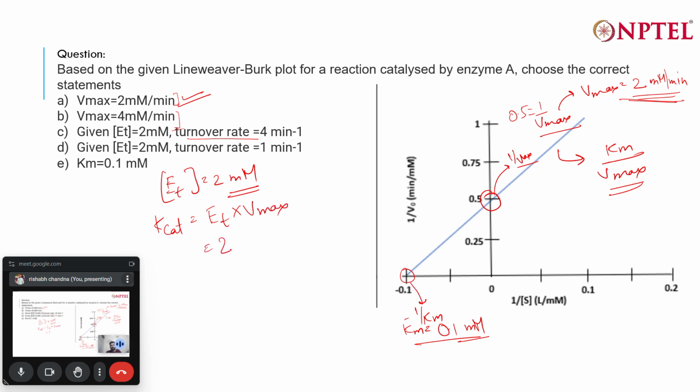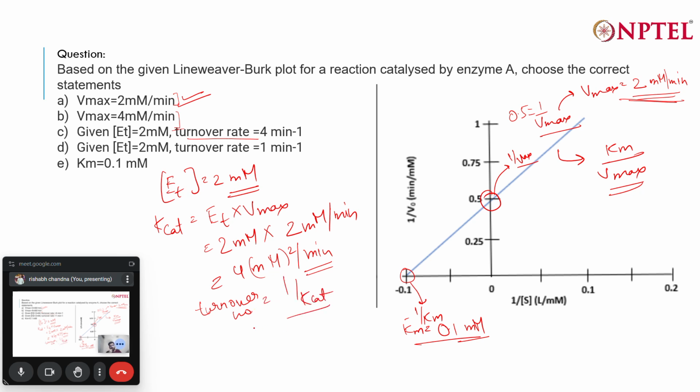Total enzyme is 2 millimolar and Vmax was 2 millimolar per minute, so this would be 4 millimolar square per minute. Now the turnover number is equal to 1 by Kcat.